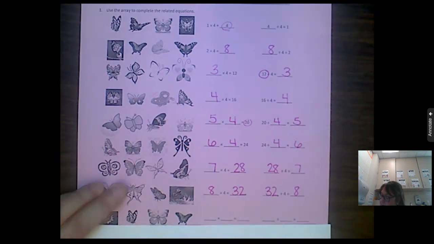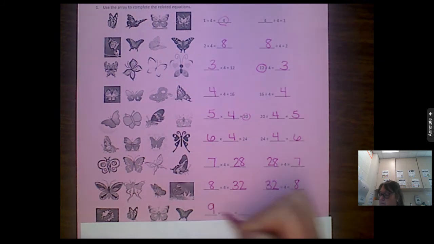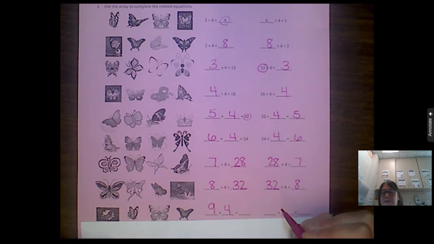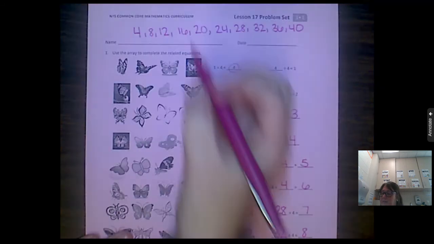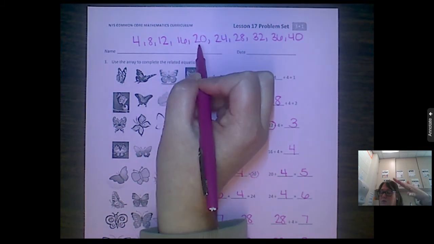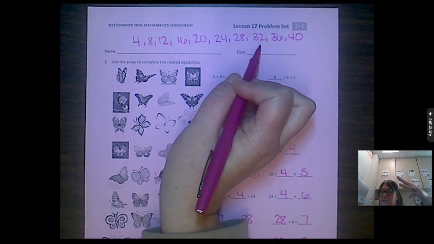All right, so now the last one we had 8 rows, so now we have 9 rows, and we're multiplying by 4. What did you get for your answer when you did your skip counting song? Let's do it. 4, 8, 12, 16, 20, 24, 28, 32, 36.